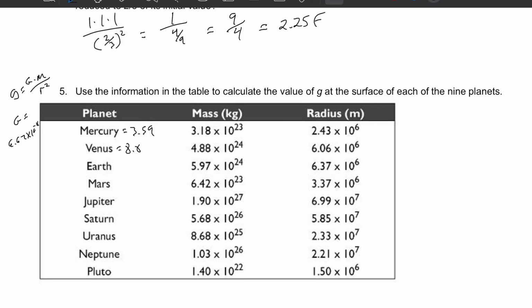Again, these are the little g's for those planets. So like we use 10 for Earth, but how do the other planets or planetary bodies compare?